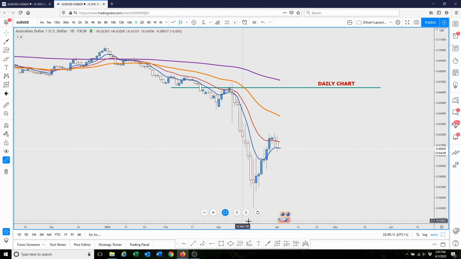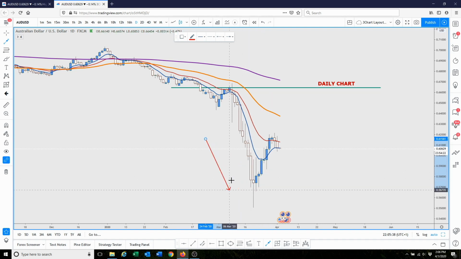Now we're into April, but from here to here it was approximately 10 days to make the next lower low and then transition to a lower high. So if you're trading off the daily time frame, you have to wait longer for a setup.